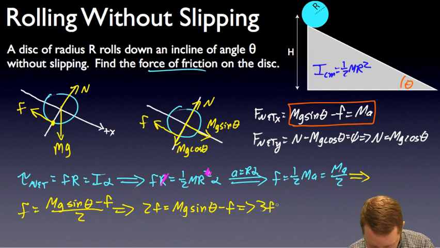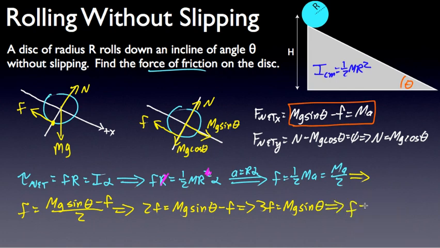So 3F equals mg sine theta, or to get F by itself, divide both sides by 3, and my force of friction is mg sine theta divided by 3. Force of friction, again using Newton's second law for translational motion and for rotational motion. All right, so that's rolling without slipping.